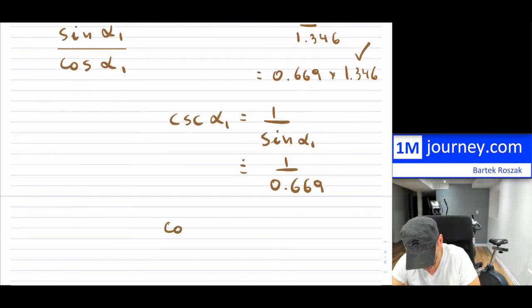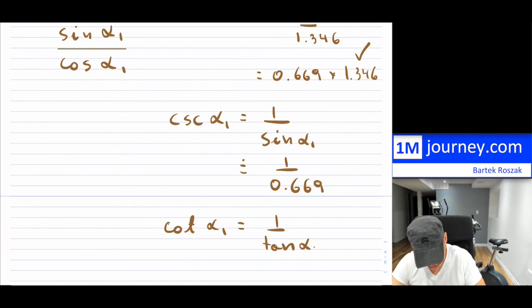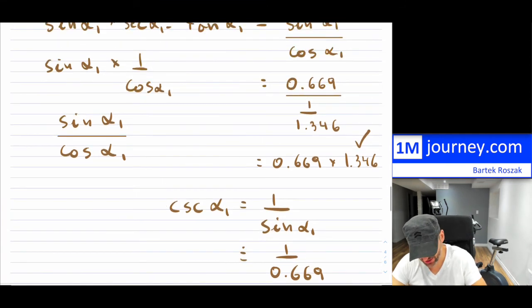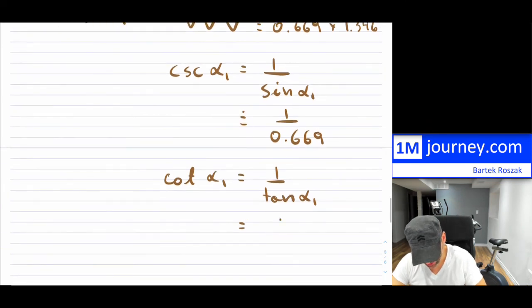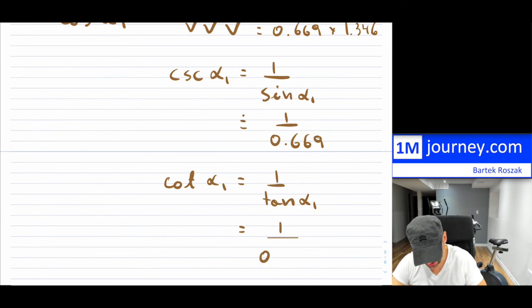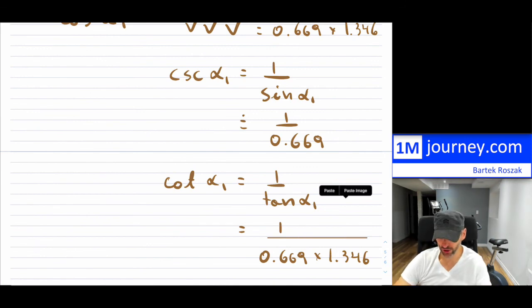For cotangent of alpha 1, that's just 1 over the tangent of alpha 1. But I already found this right here. So I can just write 1 all over 0.669 times 1.346.